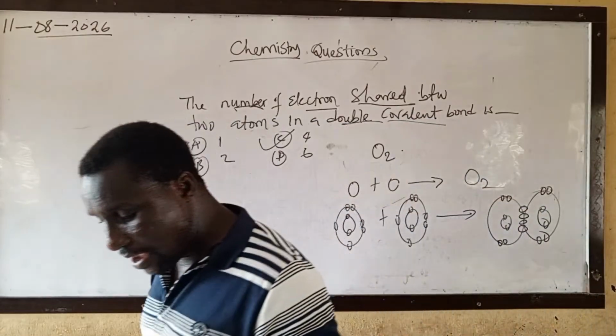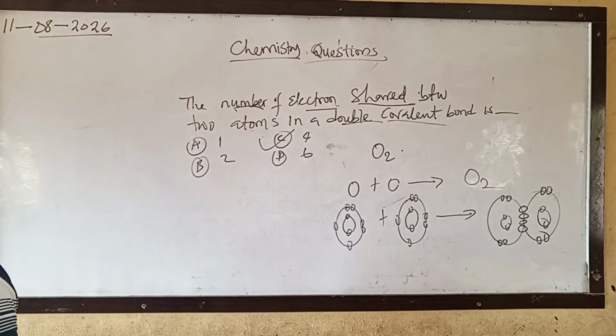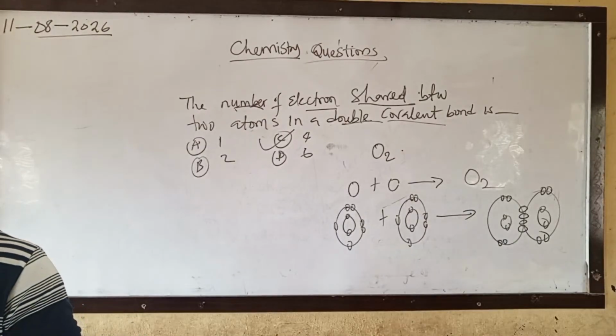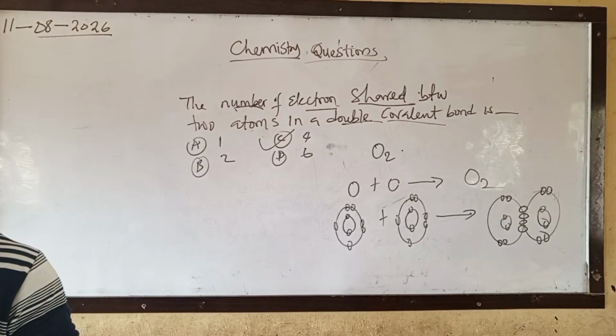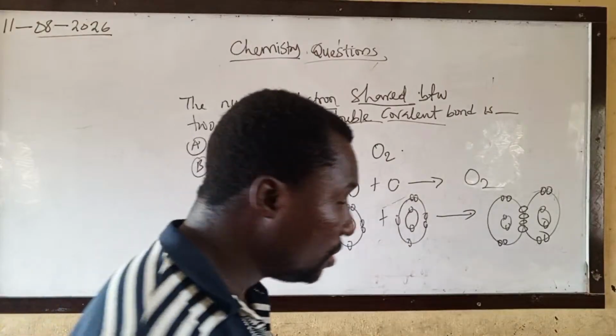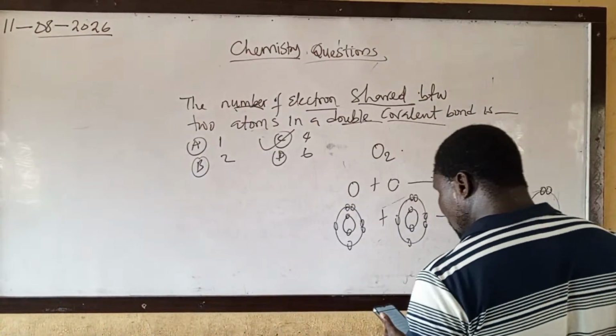Number 4. Which of the following is an example of a compound held together by ionic bonding?